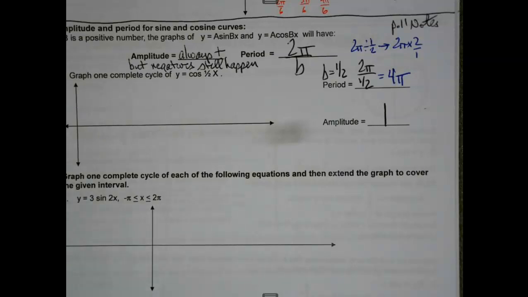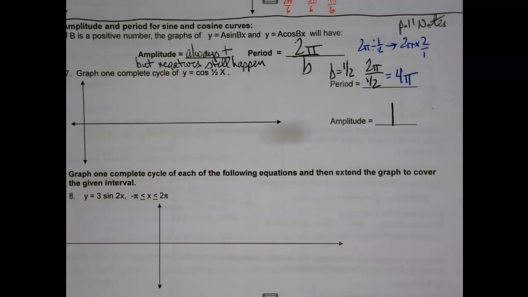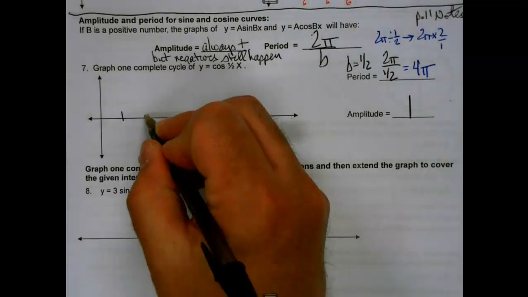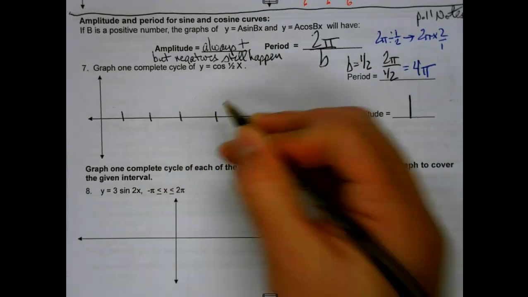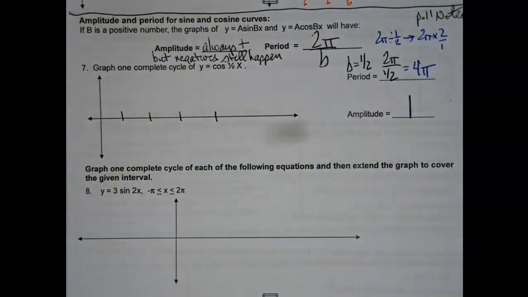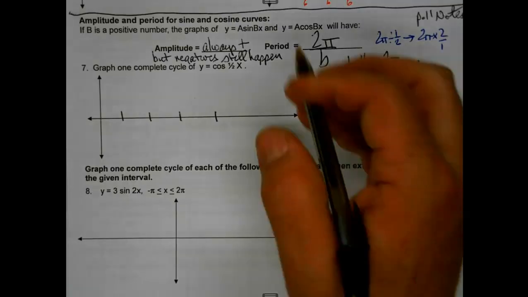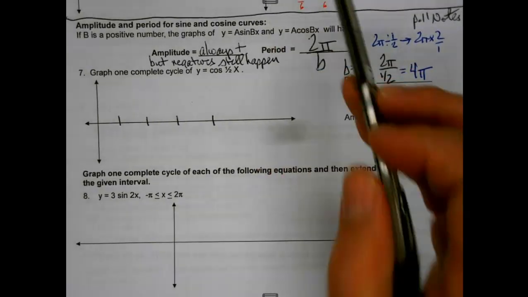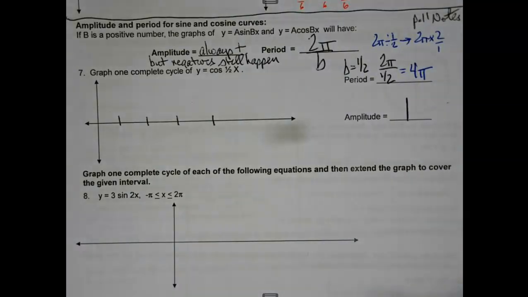And so when I'm going to make my graph, it says 1 complete cycle. We're not getting cute yet. As we saw yesterday, sort of like going all the way around a unit circle, 0, 90, 180, 270, 360, there's going to be 5 points.